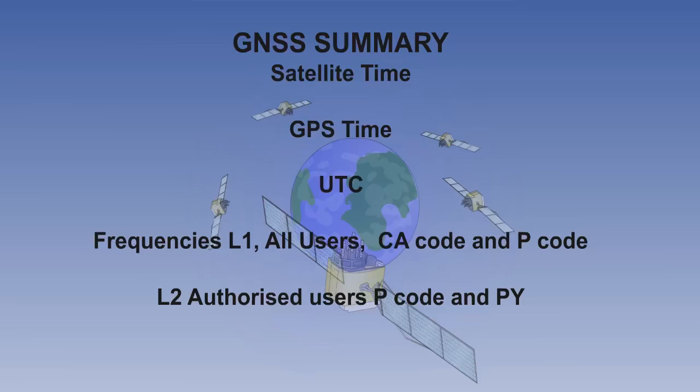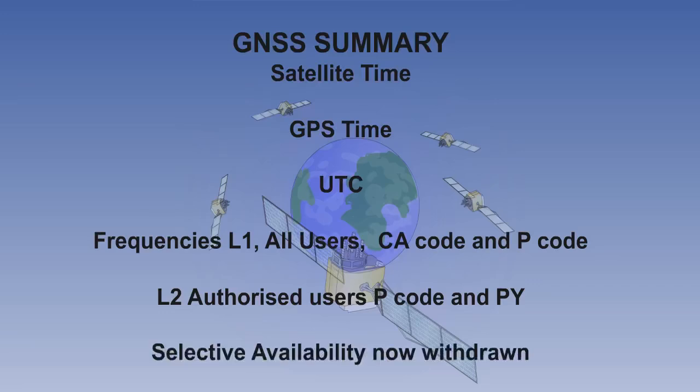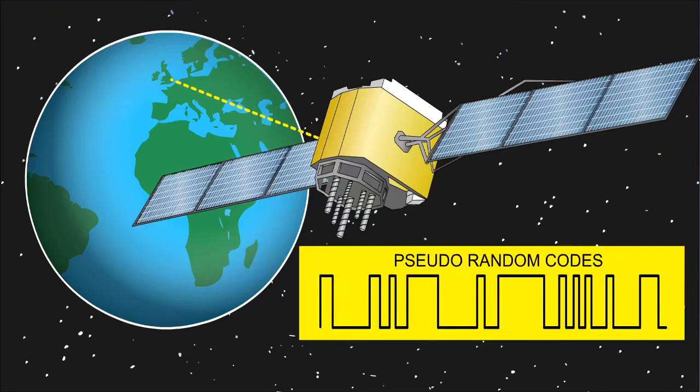It uses P and Y codes. GPS nominally offers two grades of service, standard and precise. However, selective availability has now been removed, so all users get the precise service.